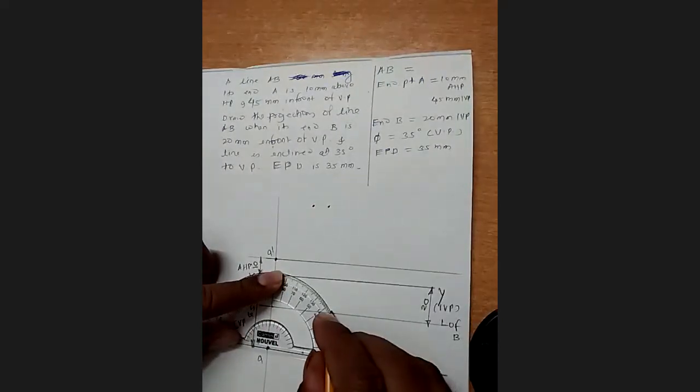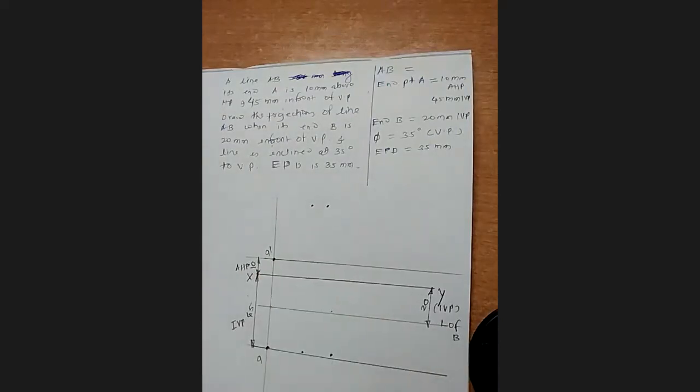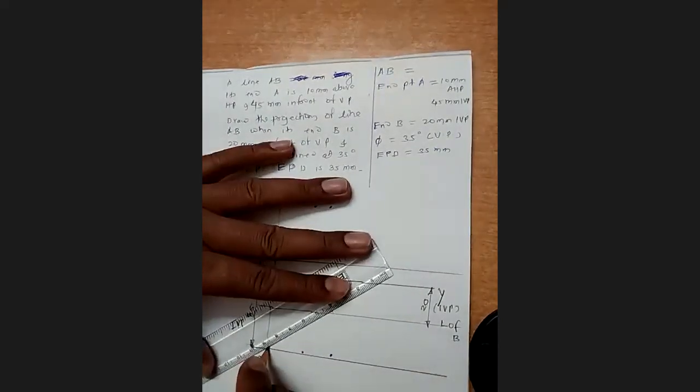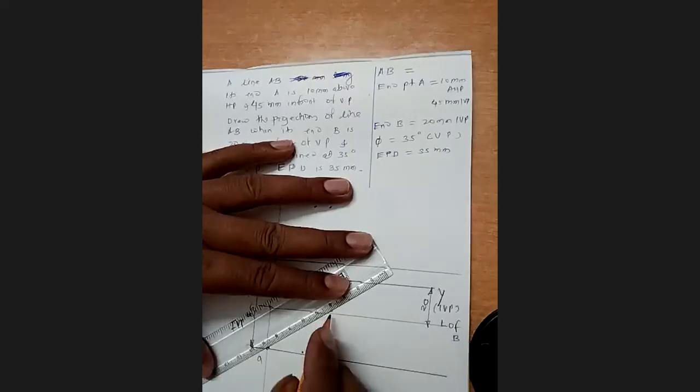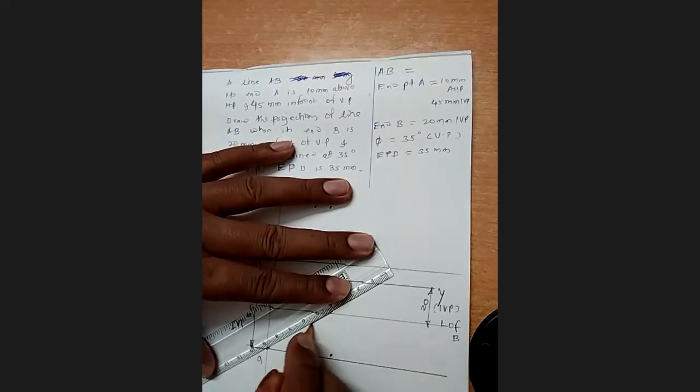So this is going to be 35 degree. Draw a line passing through A till it touches the locus of B. Of course it is going to touch here. Let's draw the line.